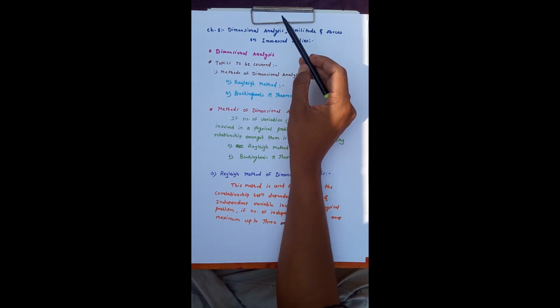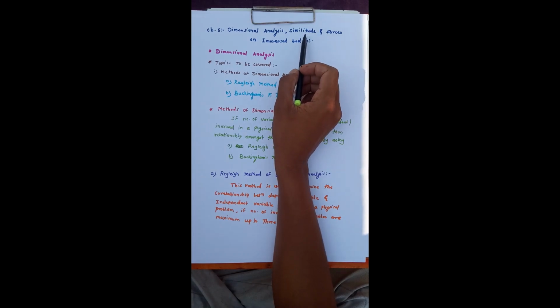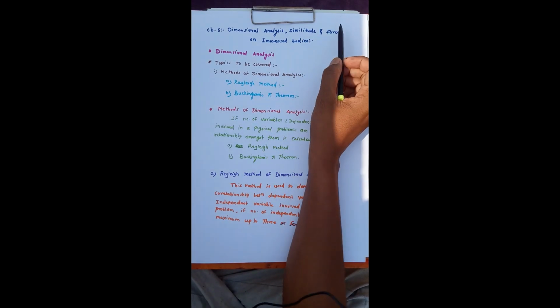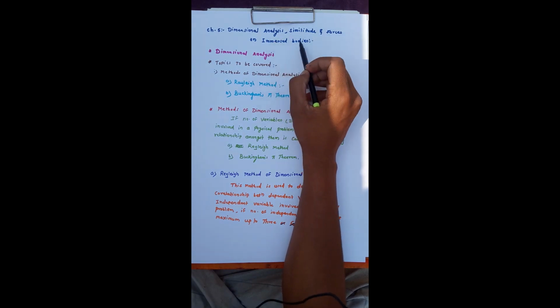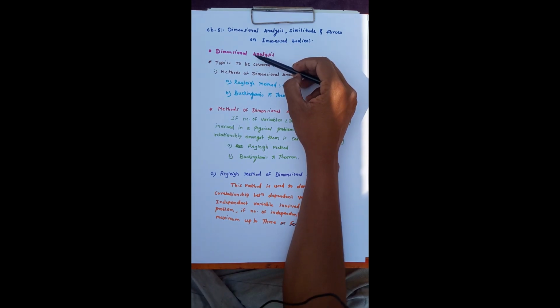This chapter is divided into three parts: first, dimensional analysis; second, similitude; and third, forces on immersed bodies. We have started the first part, dimensional analysis.